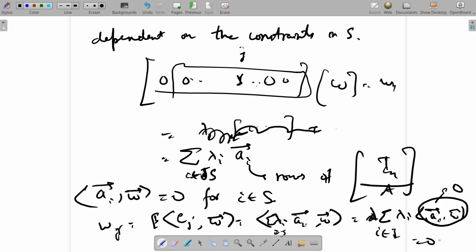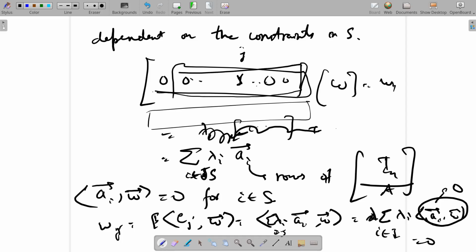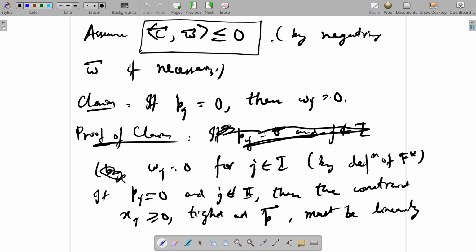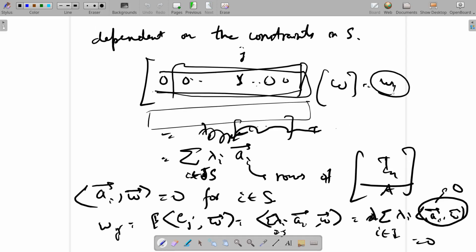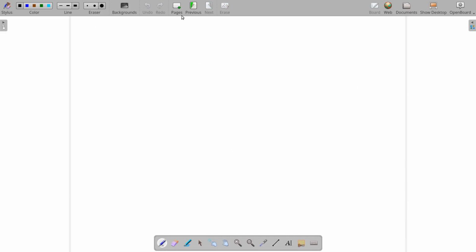This is something very, very straightforward. I explicitly wrote it out, but you can immediately see there is a linear relation between these, and we know that for the remaining things, when these vectors act on W, we get 0, because that's the way we defined it. So of course, when this acts on W, it also has to be 0. But as it turns out, when this vector Ej acts on W, it gives you the jth coordinate of W. So also for j not in I, we have proved this. Whenever Pj is 0, we have Wj is also 0. Okay.